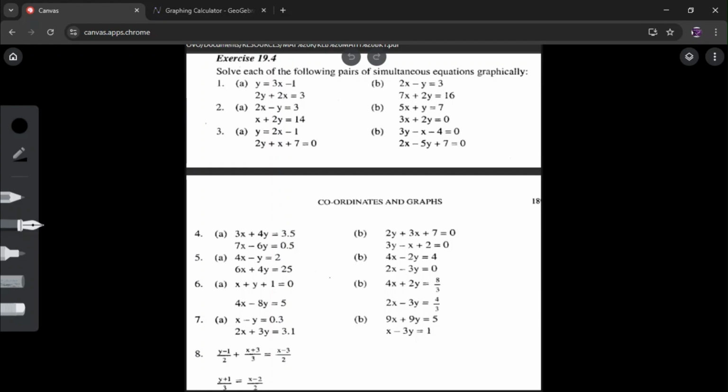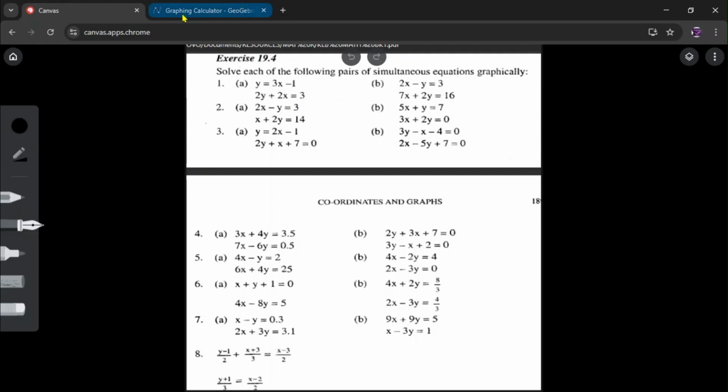I'll pick number 3a, which reads y is equal to 2x minus 1. I pick another one, number 6a, which reads x plus y plus 1 is equal to 0. Then we see how we are able to form a straight line from these equations.